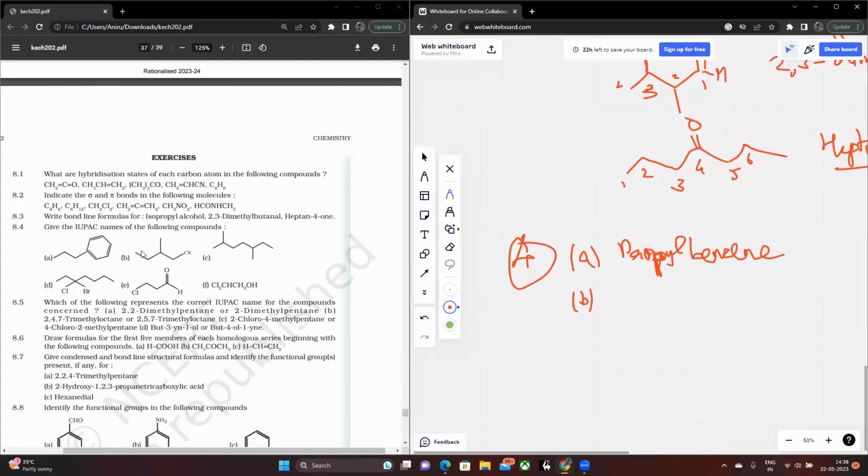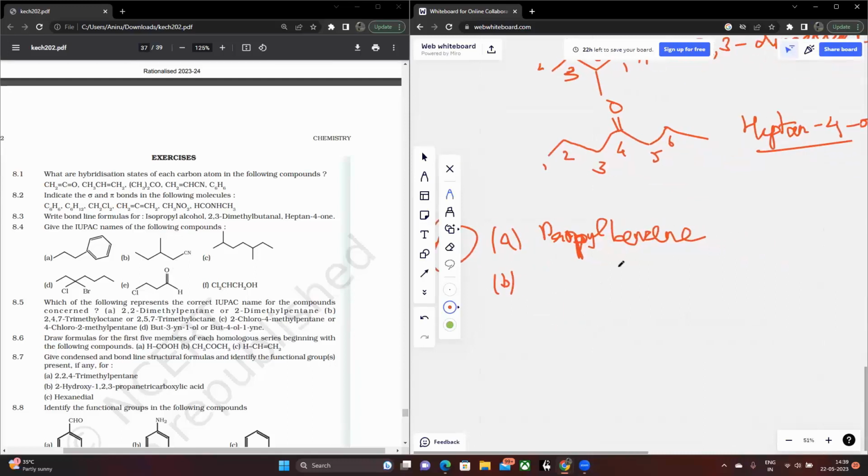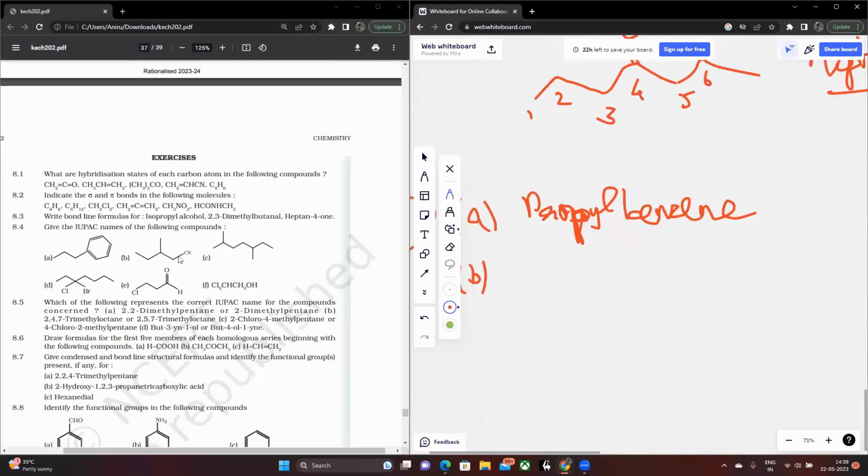The second compound is a nitrile. This is a methyl at the 1, 2, 3 position, right? Remember that the carbon in a nitrile has the first position. It's not this carbon that has 1. You have to be very careful in that. When you're writing cyanide, then this carbon has 1. If you're writing nitrile, then this carbon has 1. Be very careful in your nomenclature systems.